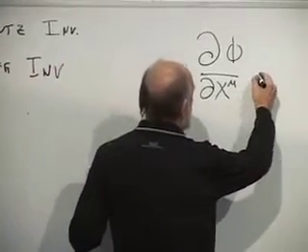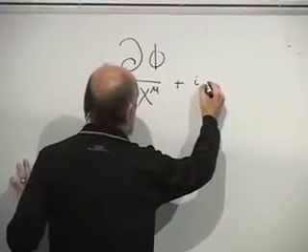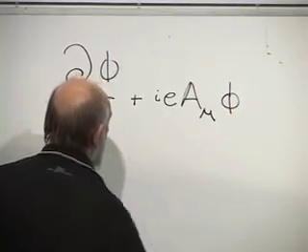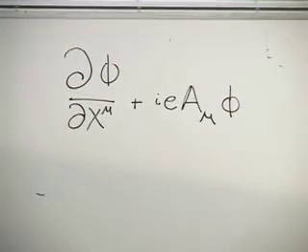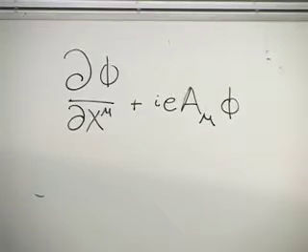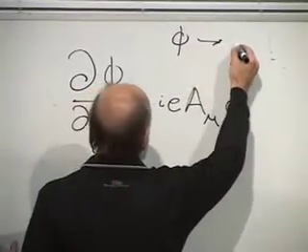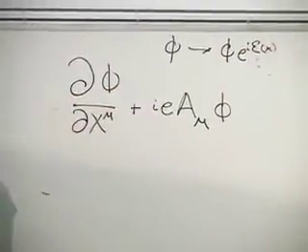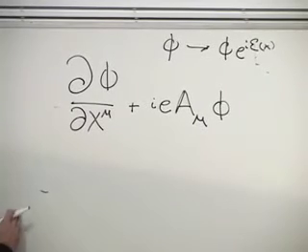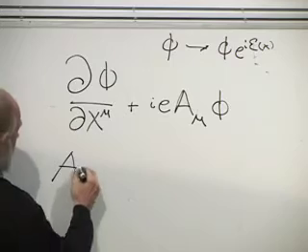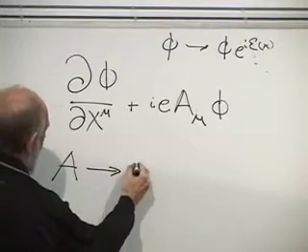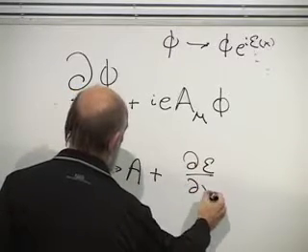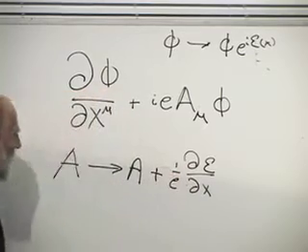You have to add to this plus i e, vector potential times phi. If at the same time that we multiply phi by e to the i epsilon of x, we transform A to A plus d epsilon by dx, and I think I should have a 1 over electric charge there.